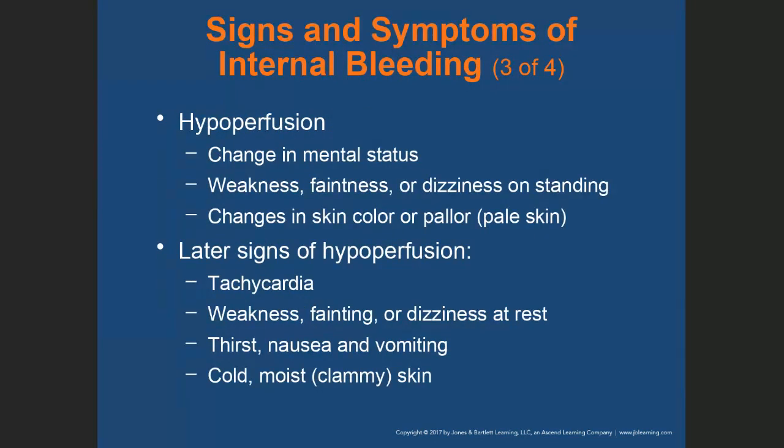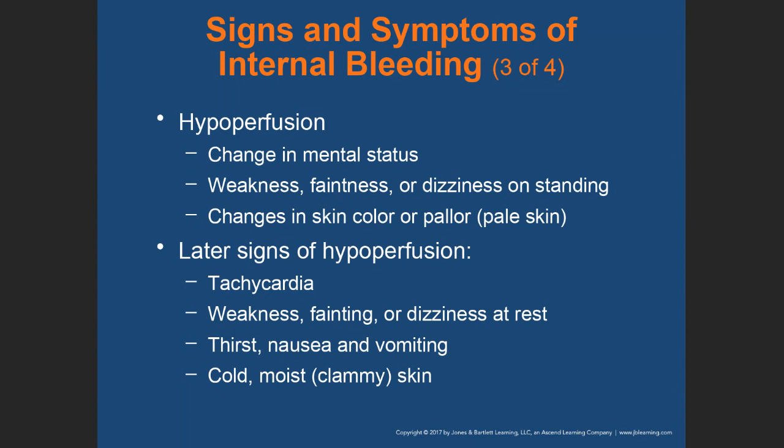Signs of internal bleeding continued. Hypoperfusion. When they start to get to the hypoperfusion or shock state, they start to now show changes in their mental status or level of consciousness. They will complain of weakness, fainting, or dizziness while standing. Changes in skin color.